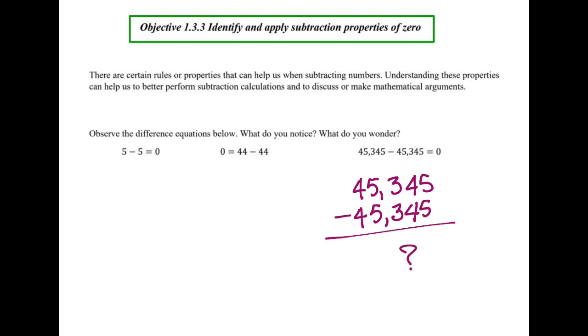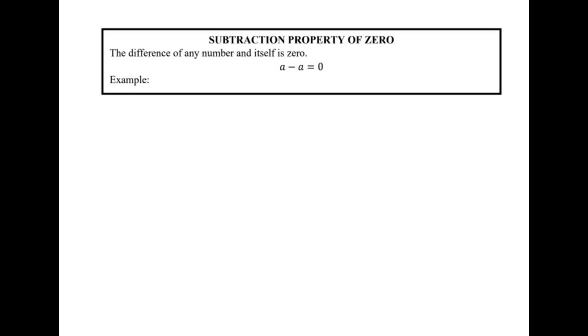But if you recognize that this is the same as this, your answer is going to be 0, and you don't need to even set it up. So on this page, we can put anything in that example that you want to, as long as it equals 0. So any number minus itself equals 0.